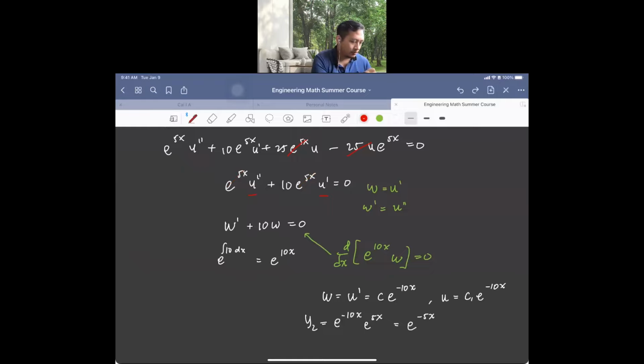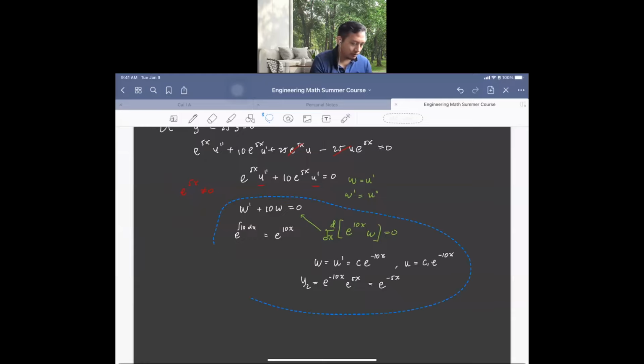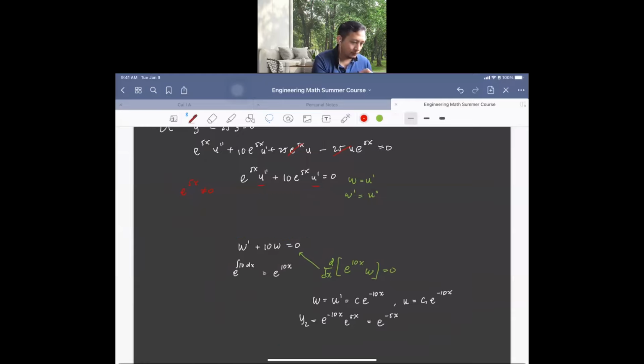Because e^(5x) will not be equal to 0, right? Or maybe let me write. If you are confused by this part, I'm going to write it here.